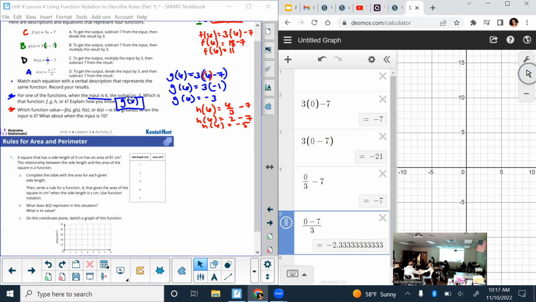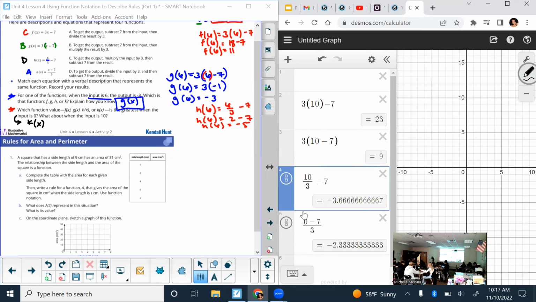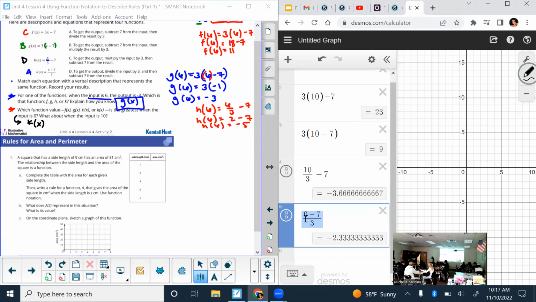So the greatest is the K of X for when the input is 0. All right, what about when the input is 10? What is all that we're changing? All we're changing is the X. So everywhere that X is, we're now making that a 10. Which one's the greatest? The F of X.